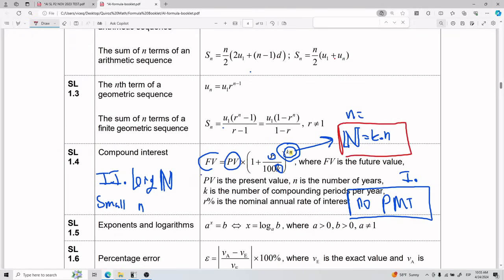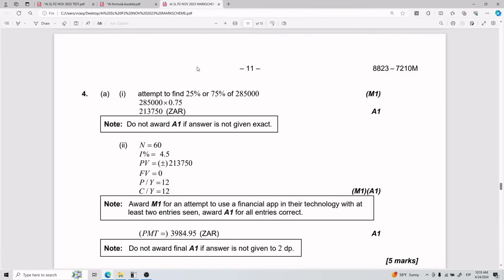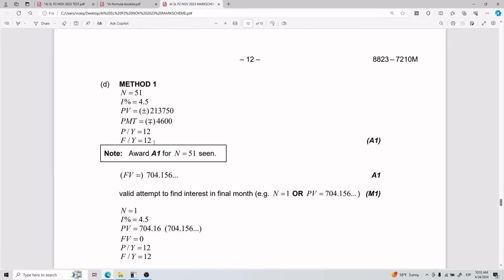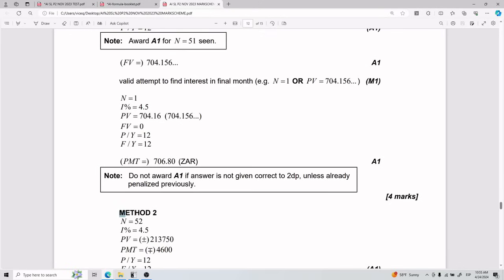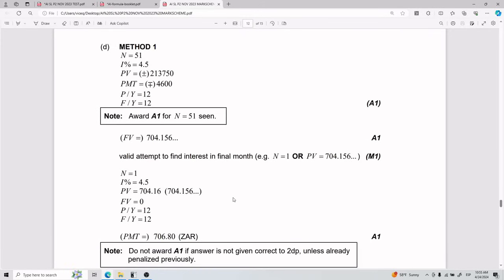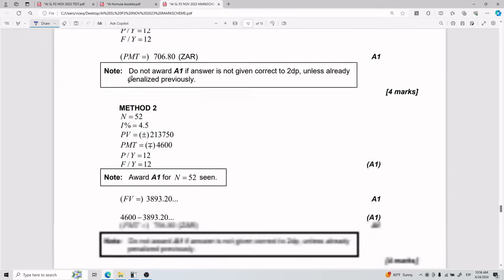If you look at the answer key, which let me just bring it up over here, just so that we all agree on this, you can see that for this question, number 4, sometimes you have what they say is method 1, and then you have what they say is method 2, okay? And so within this, all right, sometimes n will have to be 1, big N, and sometimes big N will have to be 51.